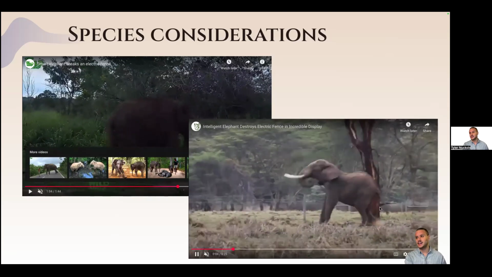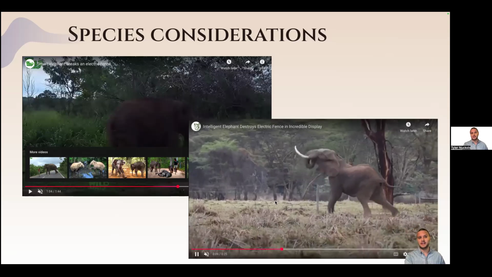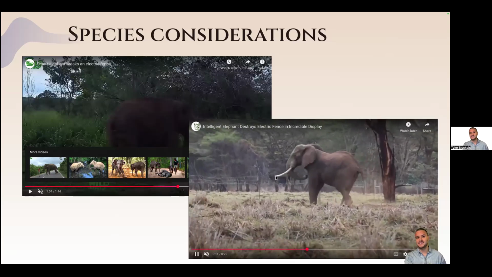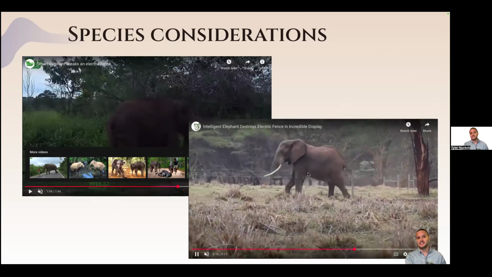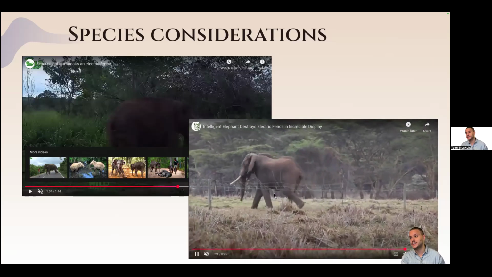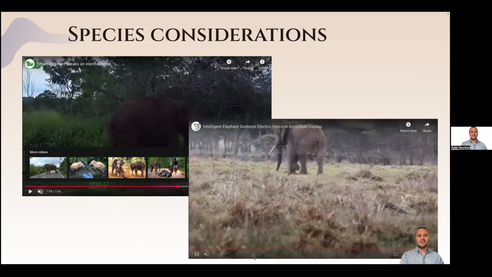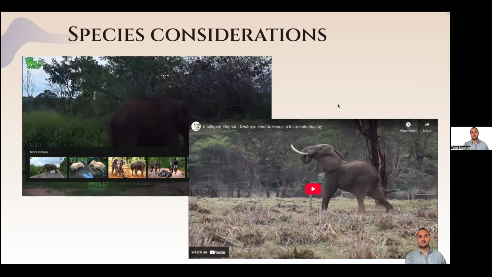This elephant, it could be a male or female in Africa with tusks, is using his tusks, which don't conduct electricity, to pull down the electric fence to where it's compromised, and then just using brute strength, size, and force to overcome the barrier and to enter the space. And so if you've just invested $1 million in this solution, and this is done in minutes, right? This is a very difficult challenge to overcome, especially with highly intelligent, adaptable, large species.